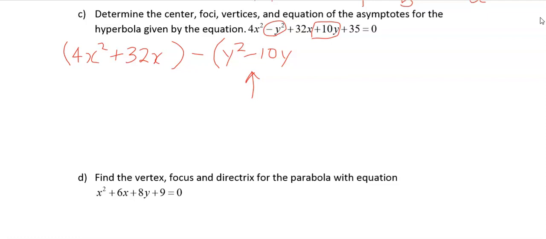Now, look what happens if you took this negative that was in front of the brackets. Now what would happen if you distributed it through that set of brackets? Now you'd end up with minus y squared, and that's okay. That's what you were supposed to get. But now the minus 10y would turn into plus 10y. And sure enough, there you go. Everything is now fixed. Everything is okay.